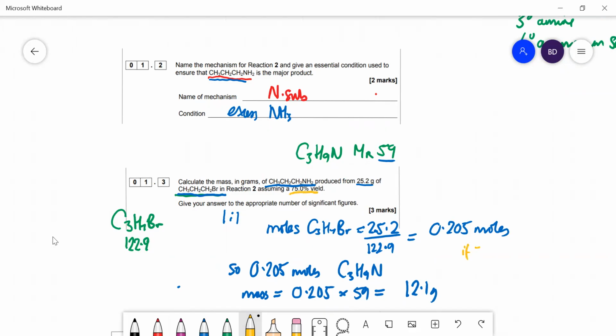So if it's a 75% yield, then the mass you're going to get is going to be equal to 12.1 multiplied by 75 over 100, which is equal to 9.07 grams. Give it to an appropriate number of significant figures. Well, we should give it to 3 because all the data is given to 3 significant figures. So 9.07 grams is the answer there.